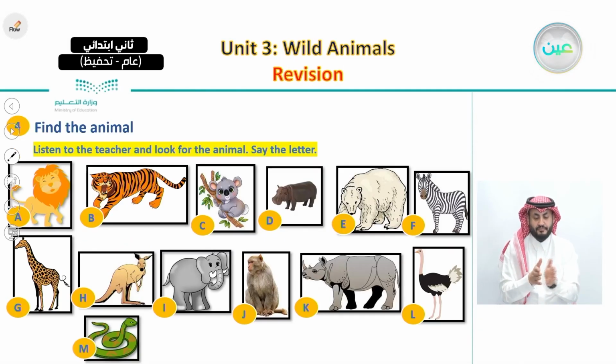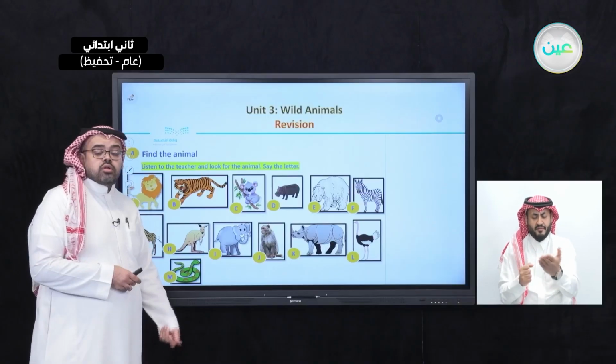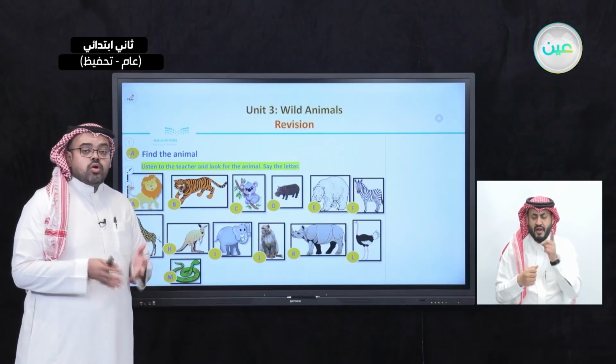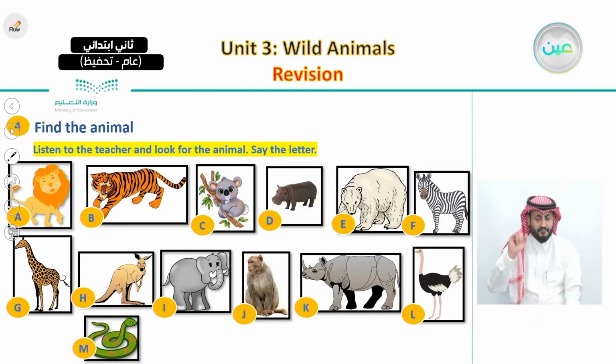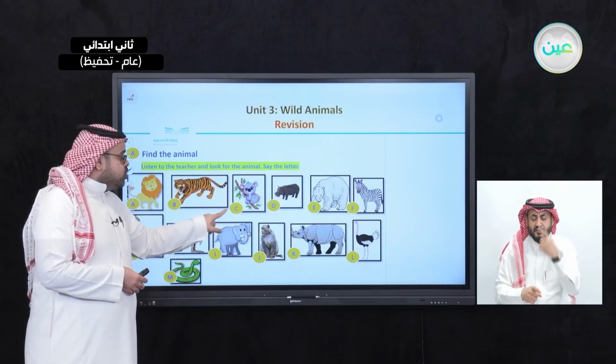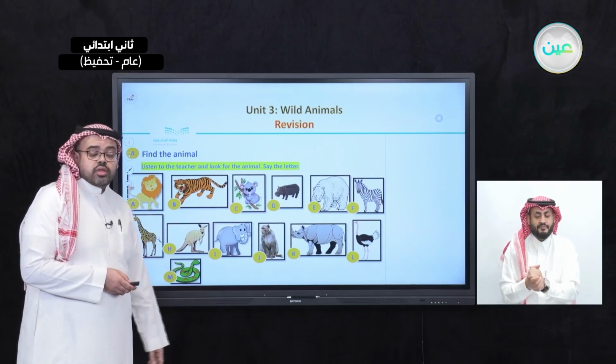And also we played a game called Find the Animal, where what we did in this game is to listen to the teacher talking about any animal. And what you do is look for the animal in these pictures. And once you found the animal, you would say or choose the letter.